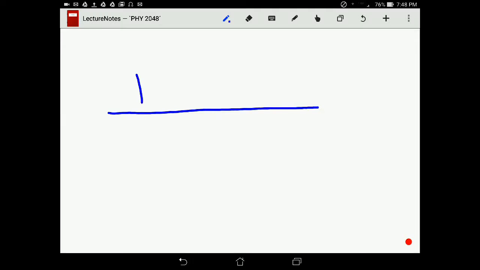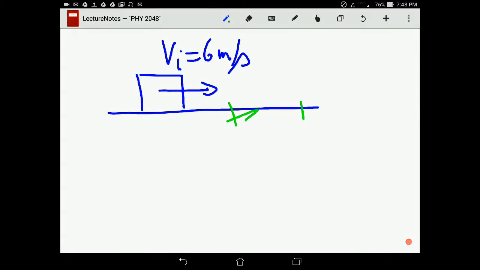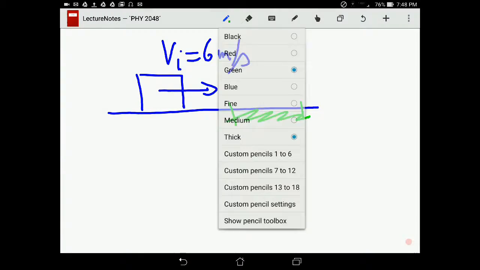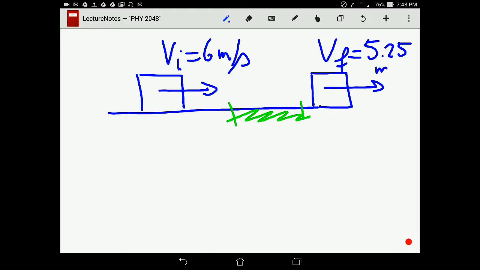Before the box hit that rough patch, its velocity was 6 meters per second, and then half a second later it has changed because it has reached this particular patch where there is friction, and then the box goes on and picks up a different velocity, a final velocity of 5.25 meters per second. So that's how you would use this kind of calculation of the impulse to answer this kind of question.